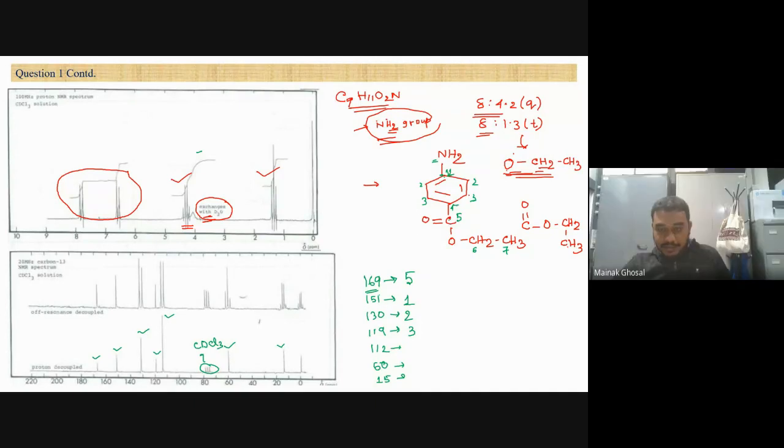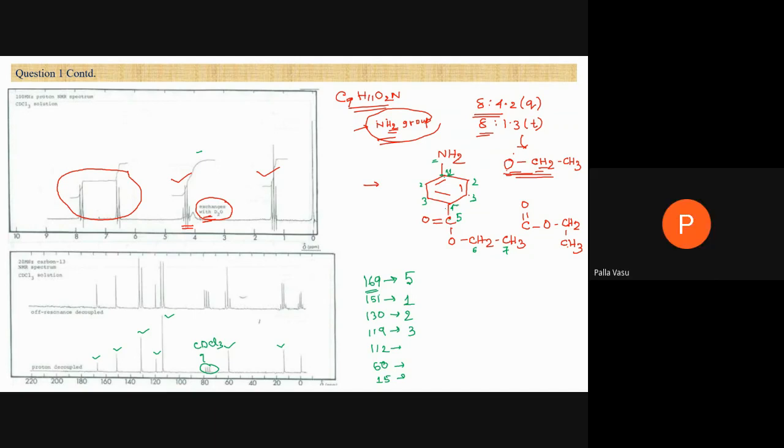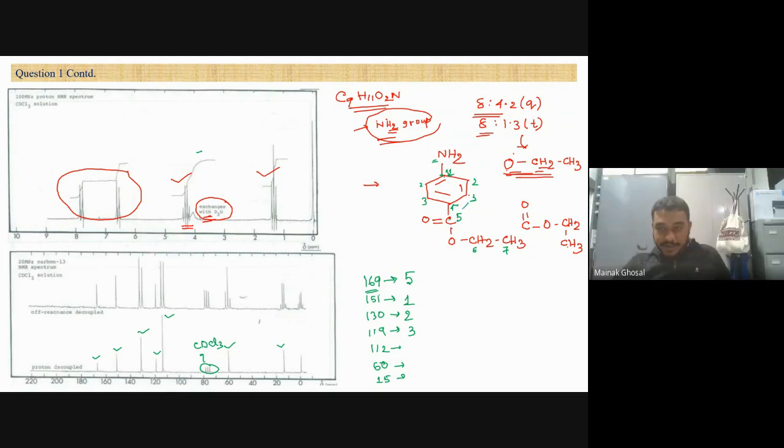Actually, 4 is attached to the carbonyl oxygen carbon, right? Yes, sir. It will be a bit more deshielded compared to 3. So they will come very close, 119 and 112. You can easily see. So it will come more deshielded compared to this one.